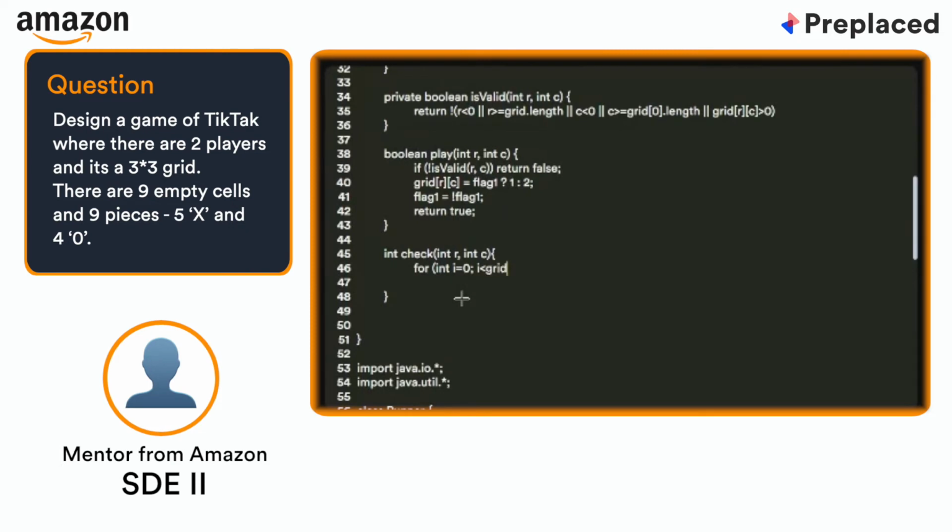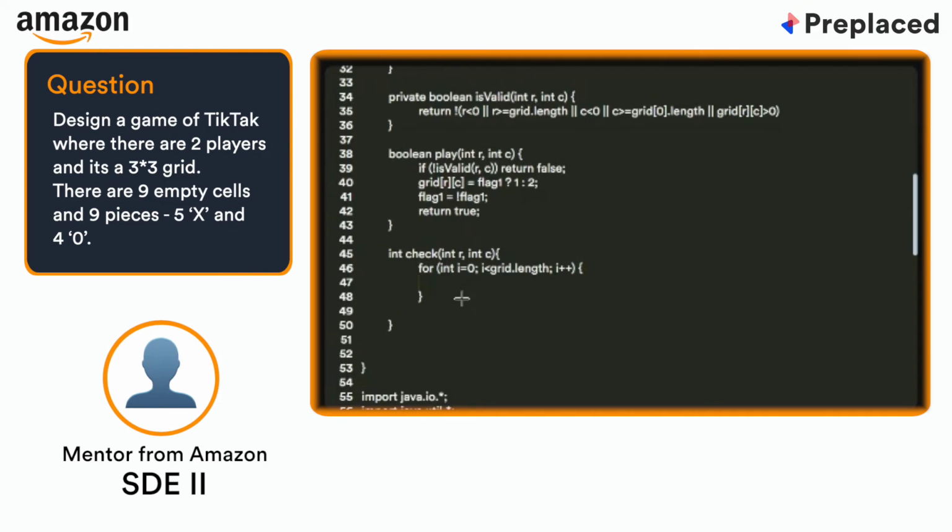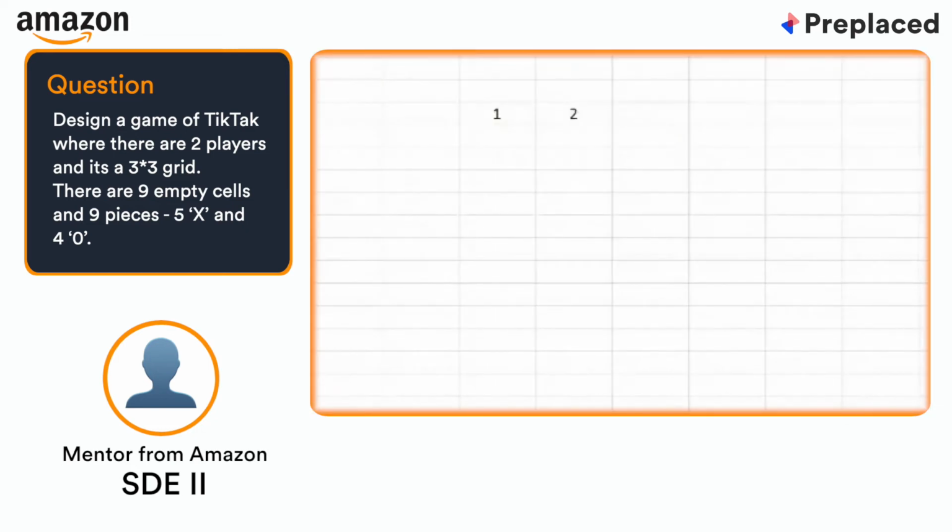Okay, so I have to go horizontally, just give me a minute. For this particular entry, I'll be going horizontally and checking if this particular value is equal to this or this or this.